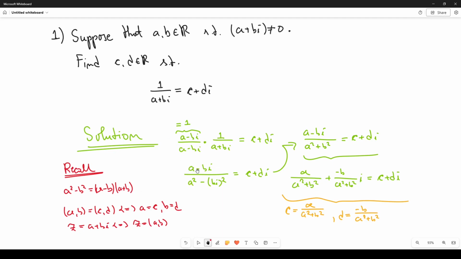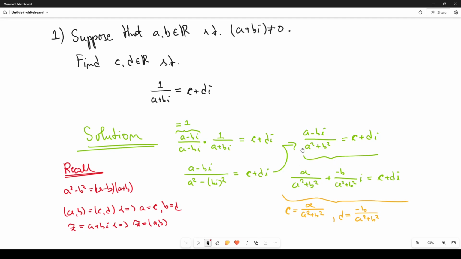So when we multiply, we get this expression over here. So we get a minus b times i divided by a squared minus b times i all squared. So when we square, we get a minus b times i divided by a squared. And since i squared is equal to minus 1, here we get plus b squared, which is equal to c plus d times i.